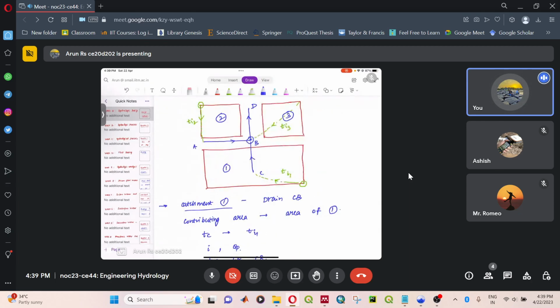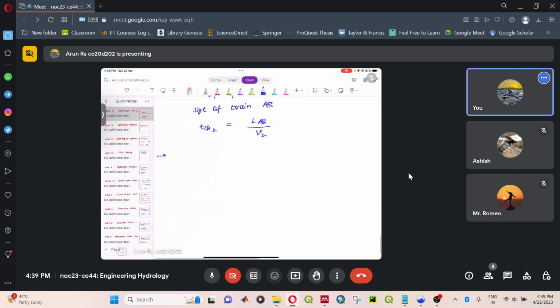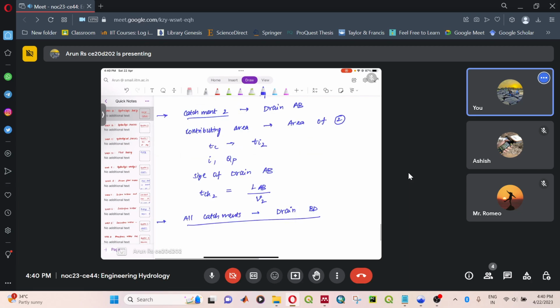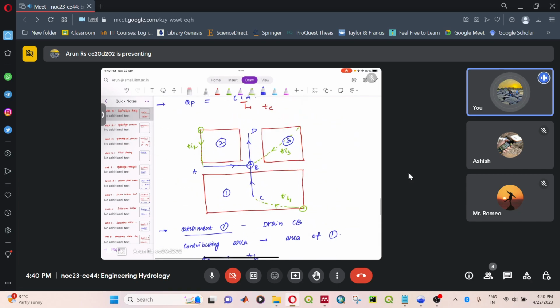Now let's see how to design the drain BD. Here is what you need to be careful. So if you see the drain BD, the water is coming from the catchment 1, catchment 2 as well as catchment 3.